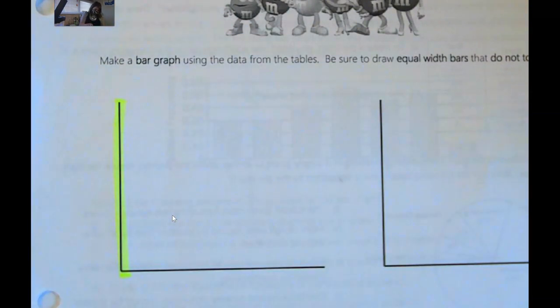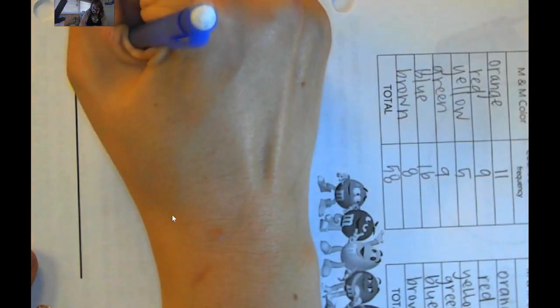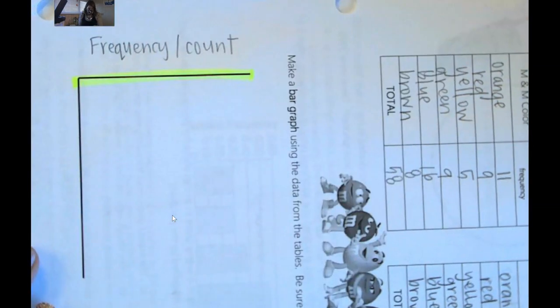So for your y-axis in this problem, this is your frequency or your count. They mean the same thing. And you actually do need to label that. I probably need more space than that because I also have to put numbers in, so I probably wrote mine a little bit too close to the axes.